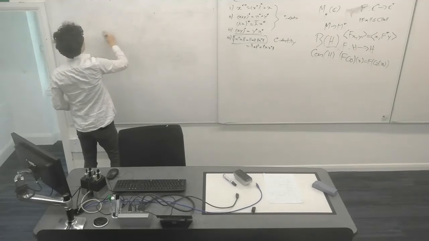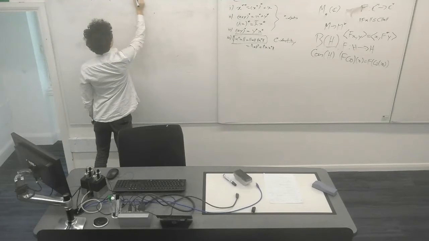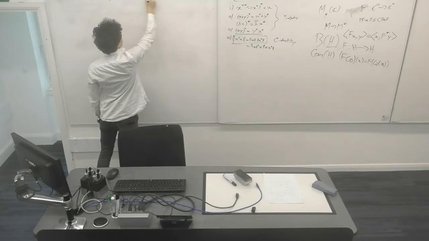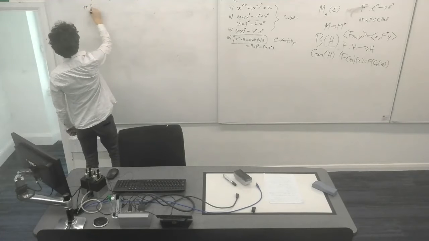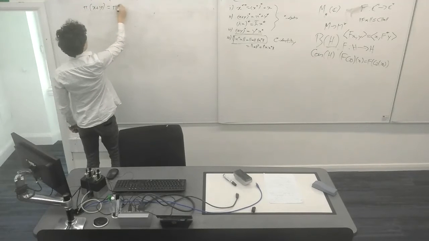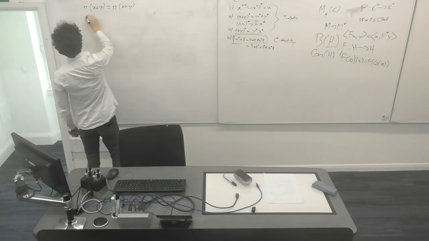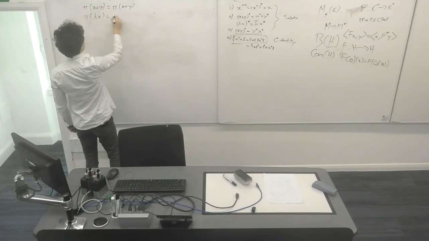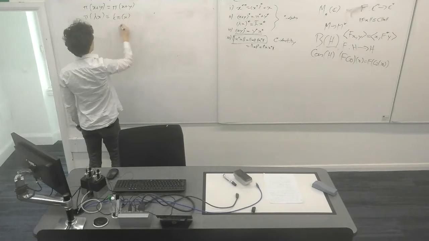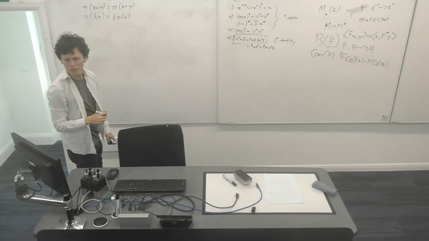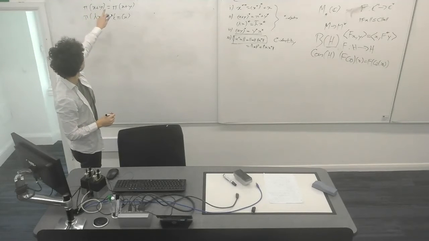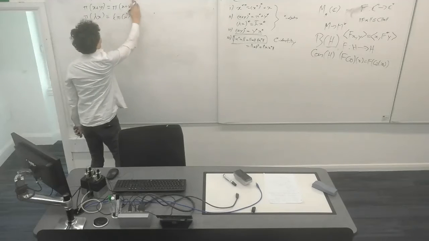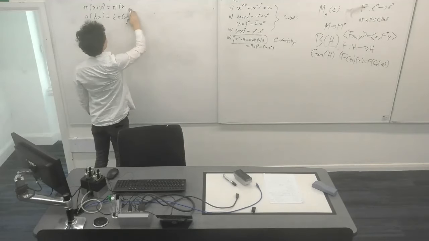So just quickly, a star homomorphism pi from algebra A to algebra B is one which is additive and linear, so pi of lambda x equals lambda pi of x. Pi of x plus y, yes, trivially.